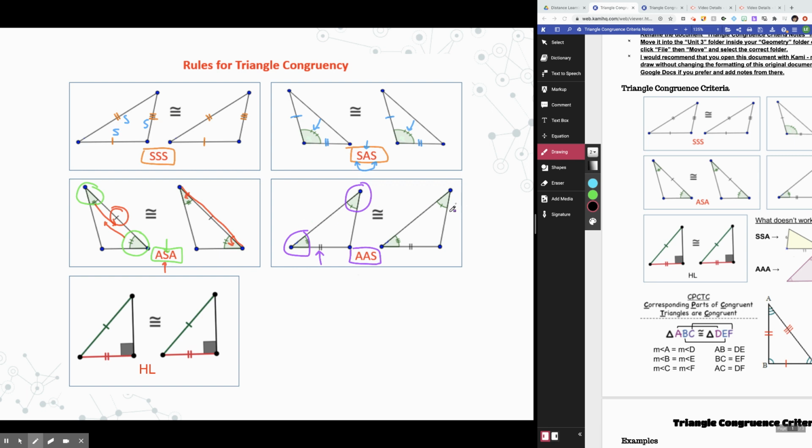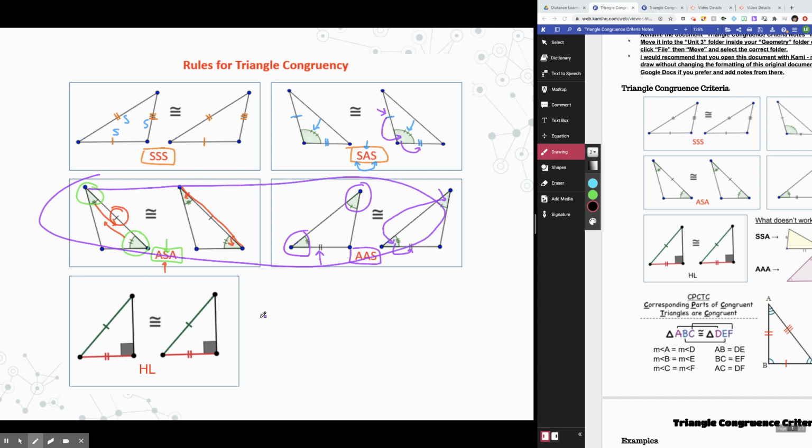Okay, so for example, on this one, the angle side, I could start here at this angle. The next closest thing that's marked congruent is this angle, and then after that comes this side, right? With side angle side up here, you would start with this side. The next closest thing that is marked as congruent is this angle, and then the next closest thing after that is this side, okay?